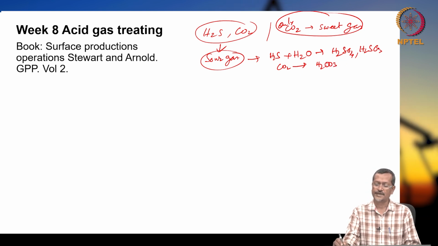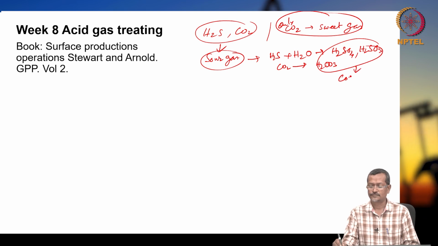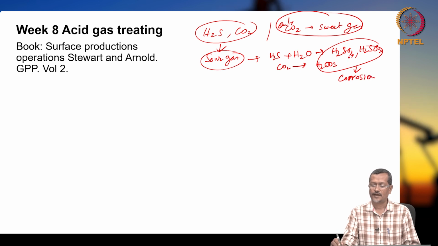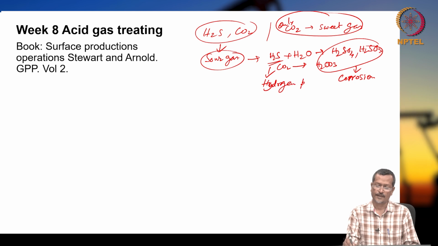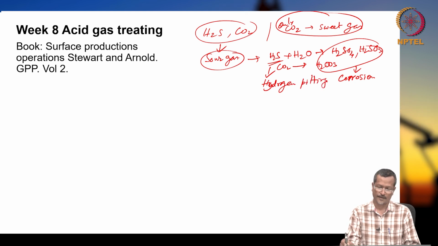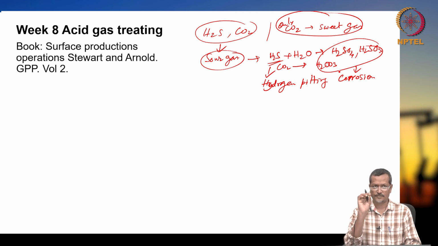These acids are important because they create corrosion. And in some cases, if H2S is there, hydrogen pitting will occur, so the metal surface will have small pitting or rupture created.